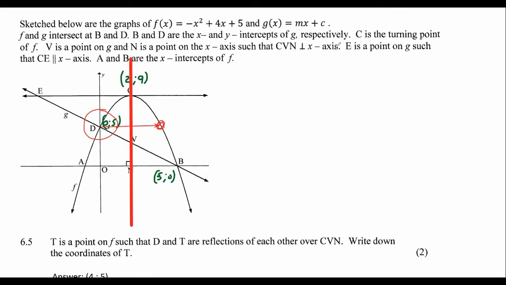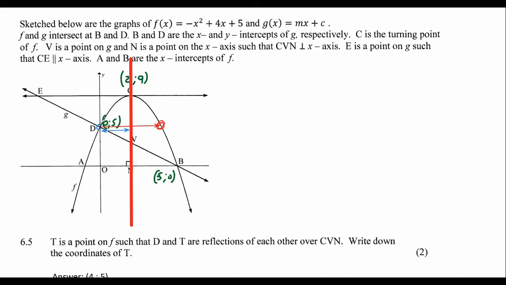And so obviously the y value will remain the same, you see, because the y value, the height does not change. And so what we need to do quickly is we just need to calculate this distance over here. And so that distance would be 2. How do I know that?